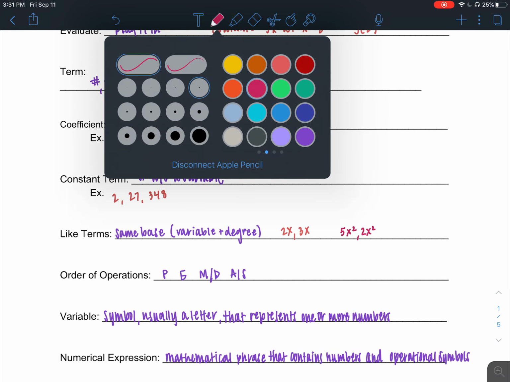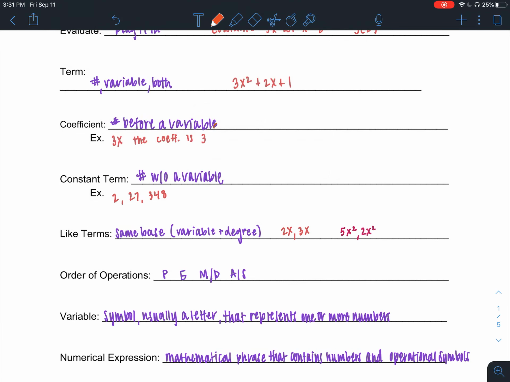If we want to get a little more complicated, let's do 3yz squared and 4yz squared. y has the same variable and degree, and z has the same variable and degree, and they're together for both of those terms, so they are alike.